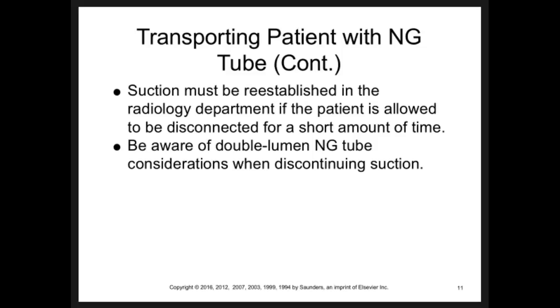So you make it into a loop so it's all connected, and then you use a safety pin and attach it to the upper part of the patient's gown so it's above the stomach so that it doesn't leak out. If there is no anti-reflux valve, then you can also use just a small syringe and block the opening, but you have to ensure that it's attached to the patient's gown up above the stomach. Otherwise, gravity will cause siphoning of the contents of the stomach, and then you'll have a mess.